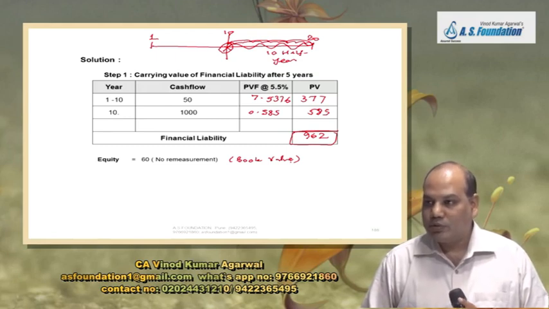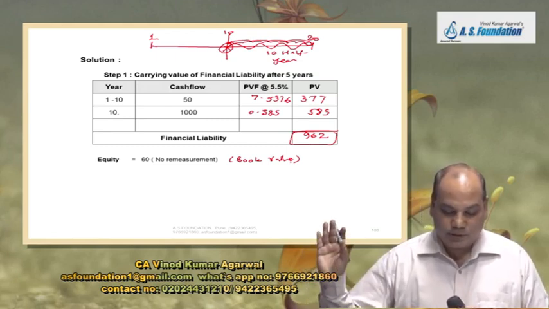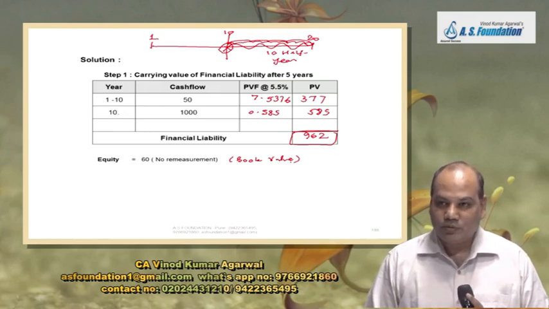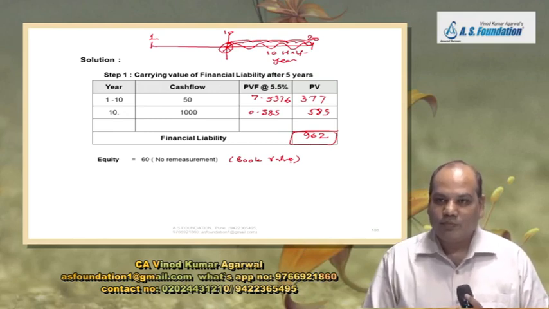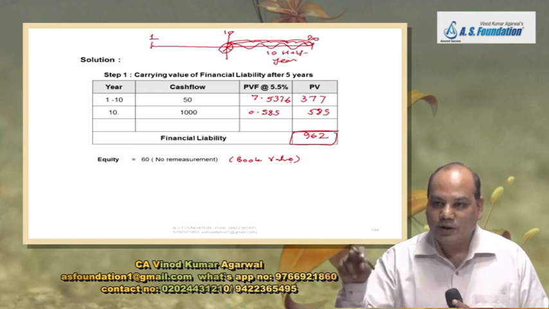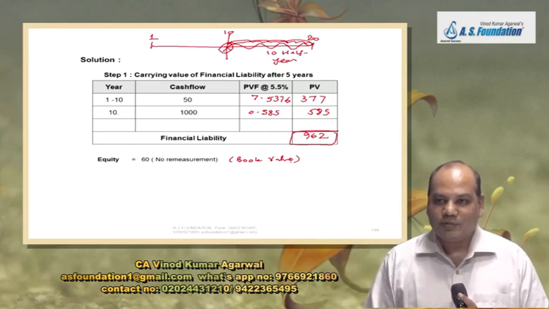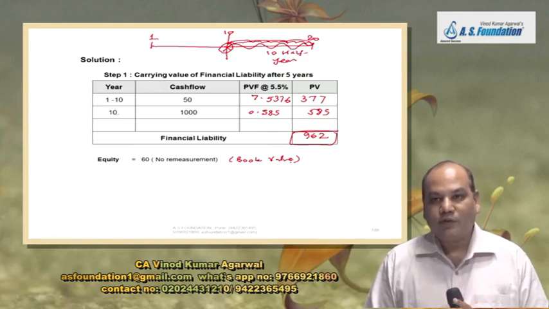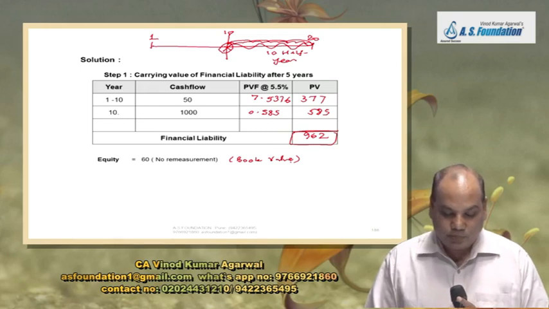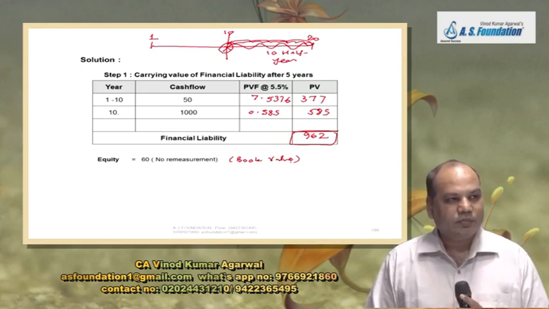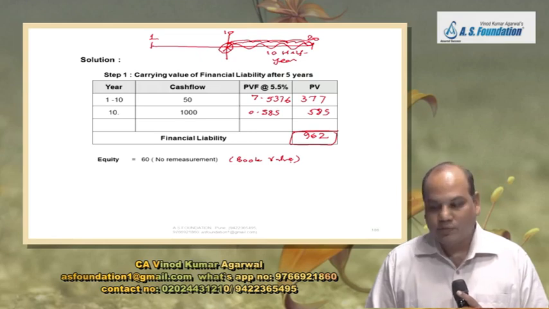Now what I'll do: this company is paying 1700 rupees to the holder and wants to redeem. We have to divide that 1700 rupees between liability and equity. For that, first I have to find the fair value of liability. But now the market rate of interest has changed to 8% per annum. 8% per annum means 4% for 6 months.